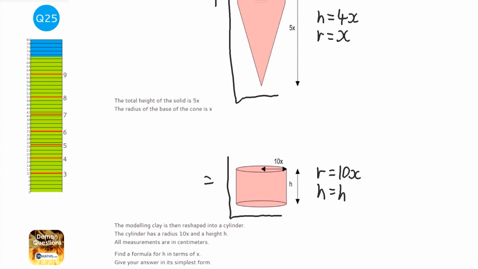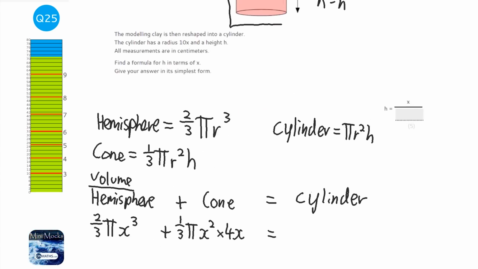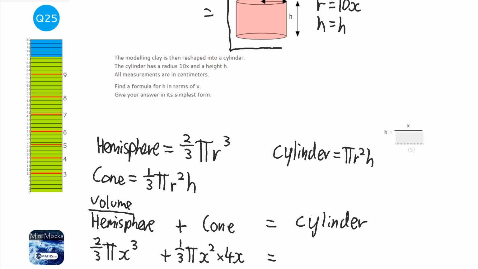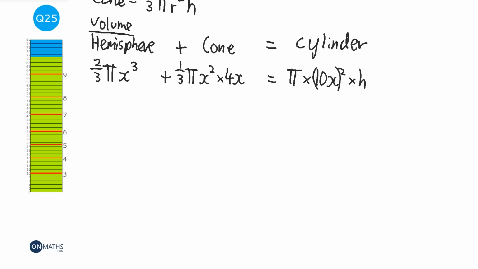Let's double check that. Always double check. Yeah, it is. Okay. So the cylinder is pi, and what's the r? So pi times 10x, and all of that squared, because all of that is r, times the height, so times h. Okay, so this is the formula we've got to work with.